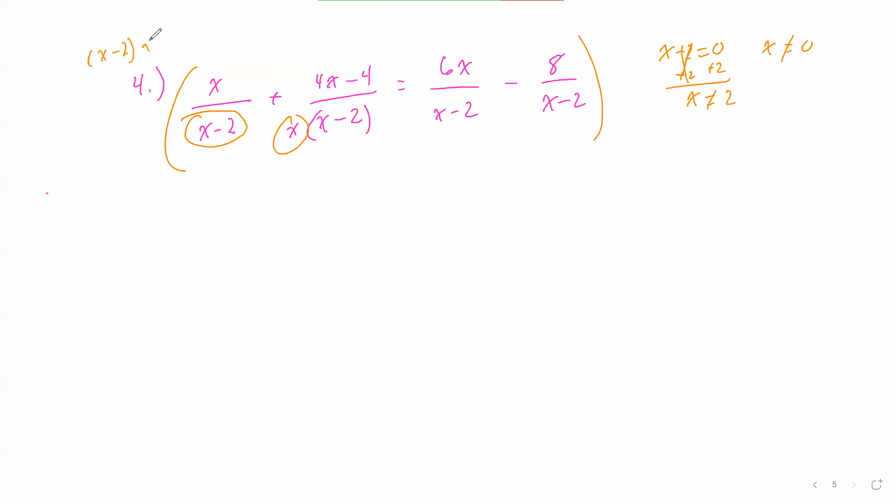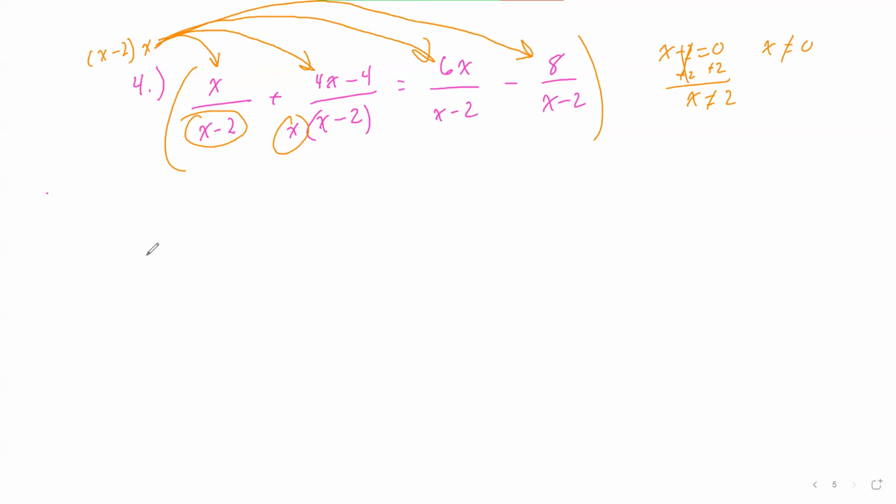There's an x, so I'm going to multiply by an x. Then I have x minus 2 again, so I won't write it again. I have another x minus 2, so I'm only going to write it down one time. We wrote every single factor one time, and now I'm going to multiply each fraction by this denominator.